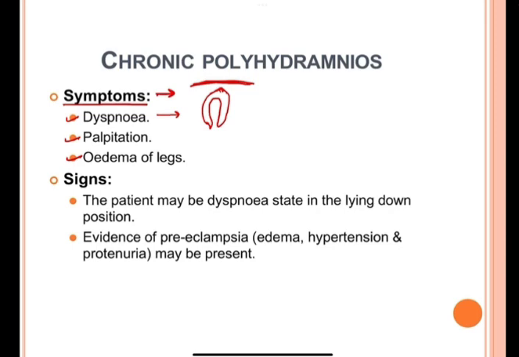So there will be less space for lungs. So this leads to dyspnea. Why does edema of legs occur? This enlarged uterus also compresses the vena cava, decreasing venous return from the lower limbs, that leads to leg edema.